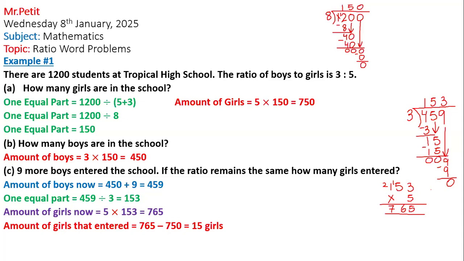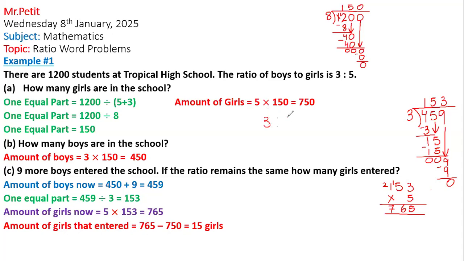Excuse me, Mr. G. Go ahead. I don't know if this would work all the time, but what if we did just multiply 3 times 5 straight off the bat? You can, but you just have to think about it. An alternative method would be to scale it. So you see how we have 3 to 5, right?